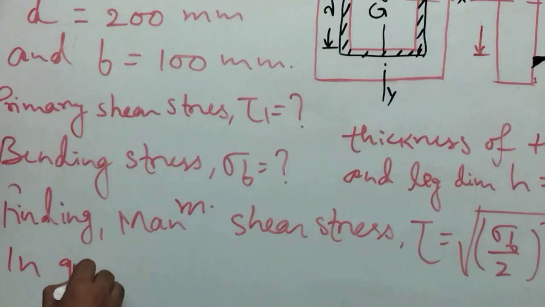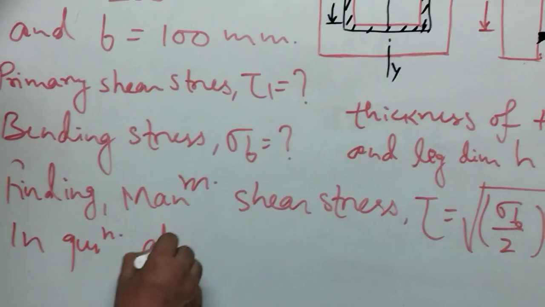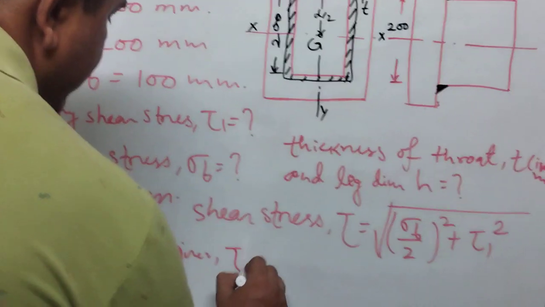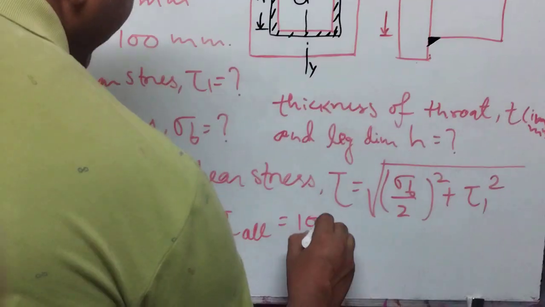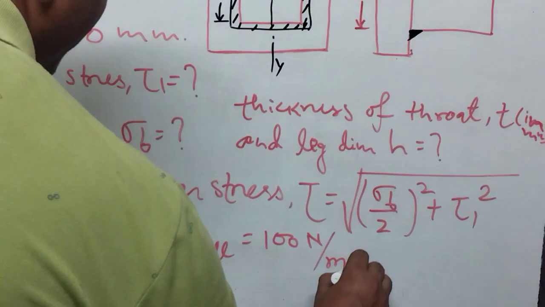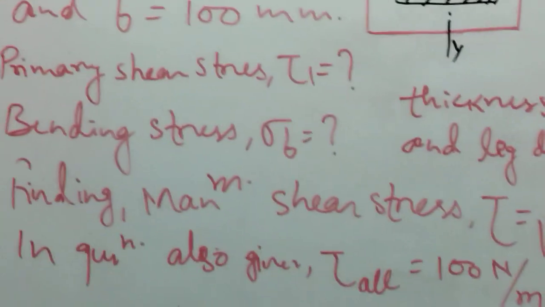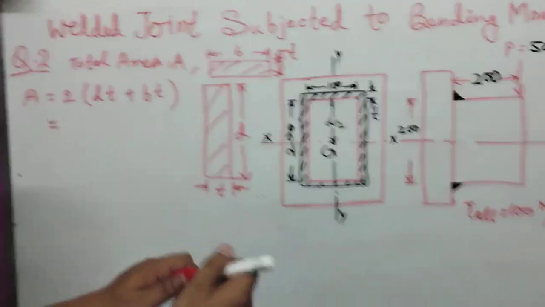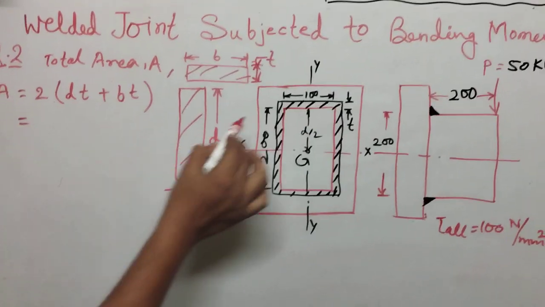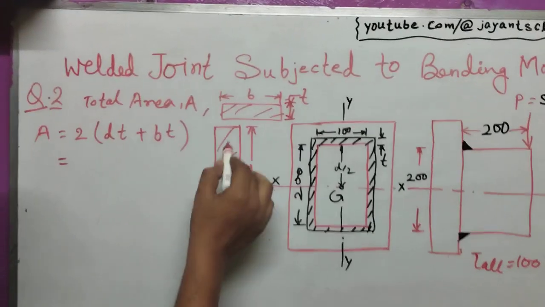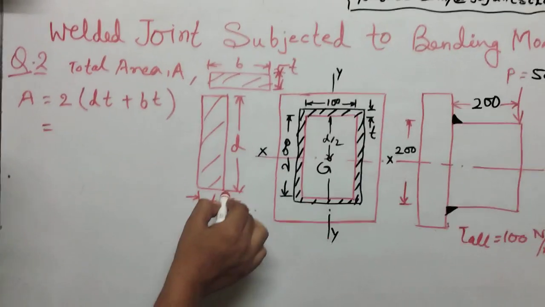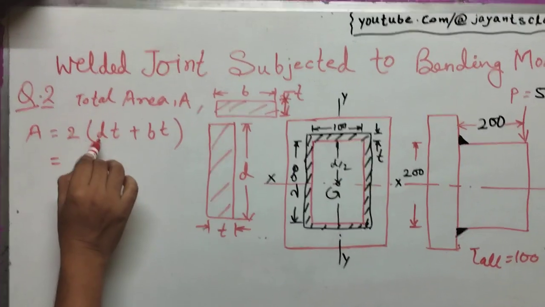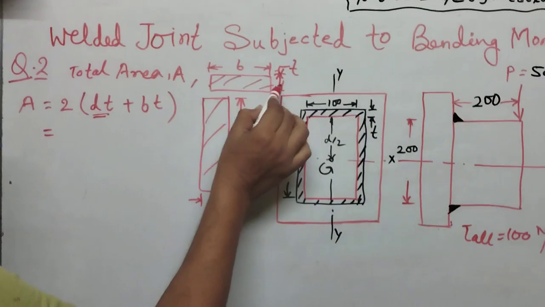The question also gives the allowable shear stress, tau allowable, equal to 100 Newton per millimeter square. For finding the primary shear stress tau 1, first find the total area of the fillet weld. The fillet weld area consists of rectangular sections: T into D is the first rectangular section and B into T is the second.